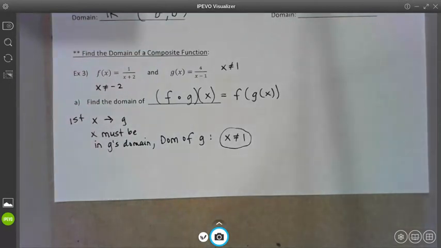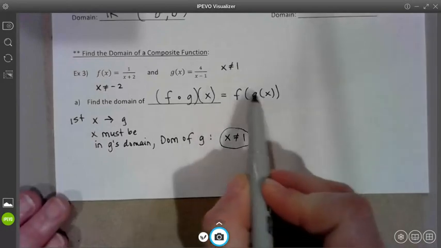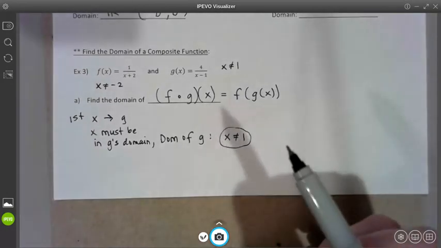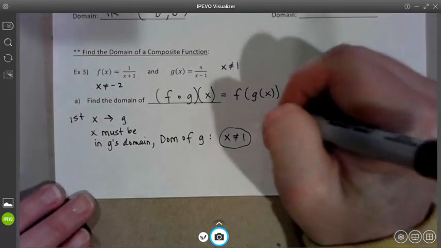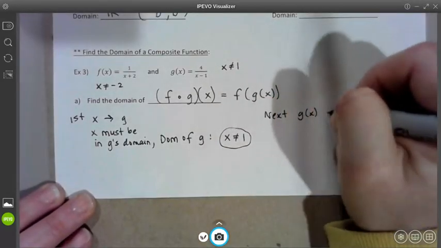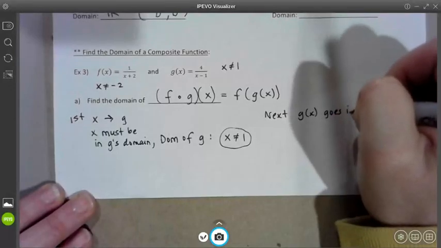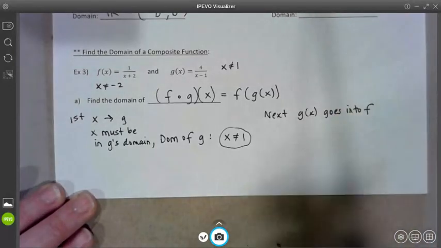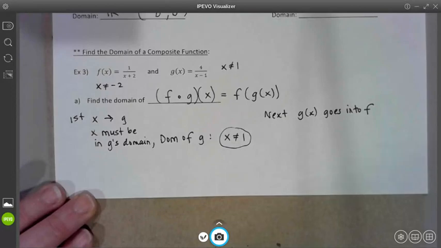All right, now g of x is going to go into function f, right? So next, g of x goes into f. So g of x has to be in f's domain.